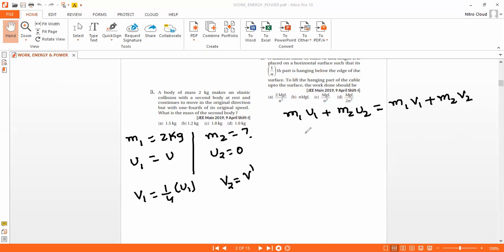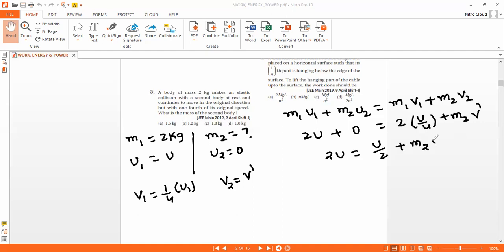So I'll substitute the values. M1 times U by 4, M1 is 2 as given, plus M2 times V dash. So 2U is equal to U by 2 plus M2 V dash.